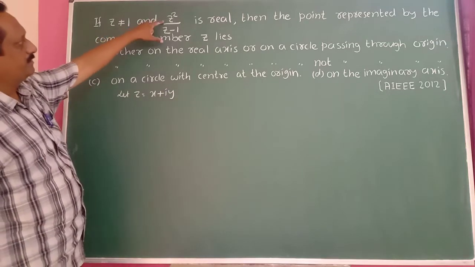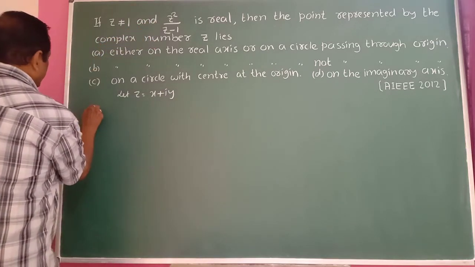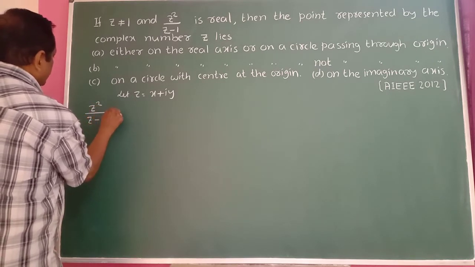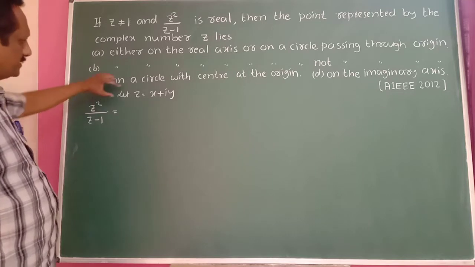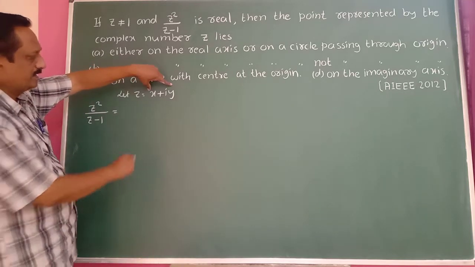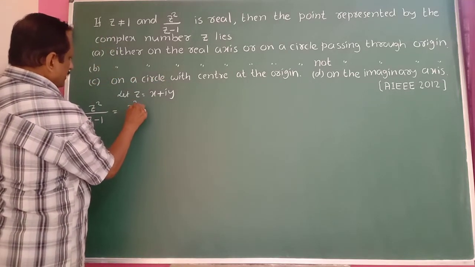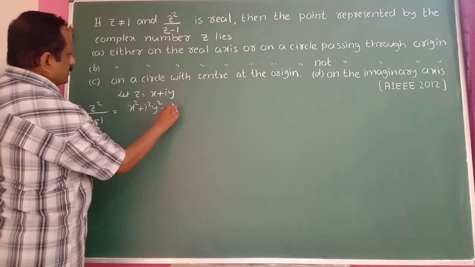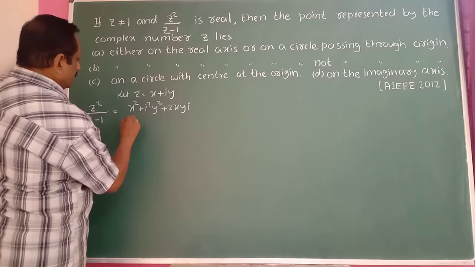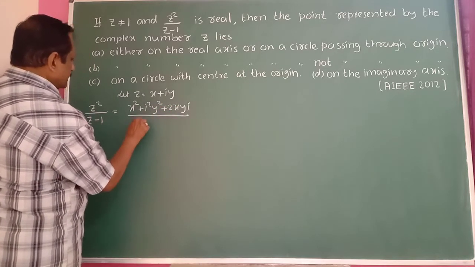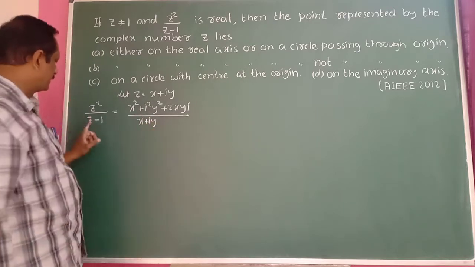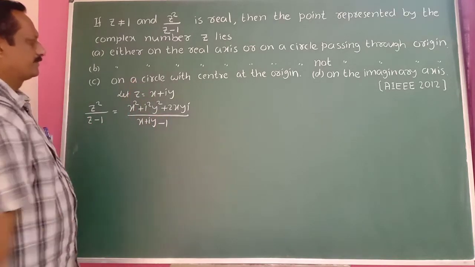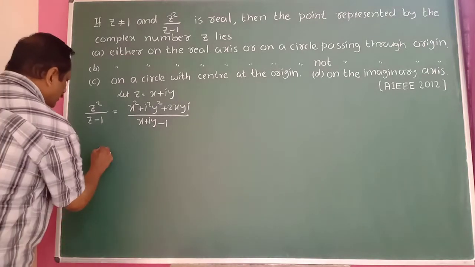Therefore z square divided by z minus 1 is equal to... here z square means this complex number squared. Hence (x square plus i square y square plus 2xy i) divided by (x plus iy minus 1).